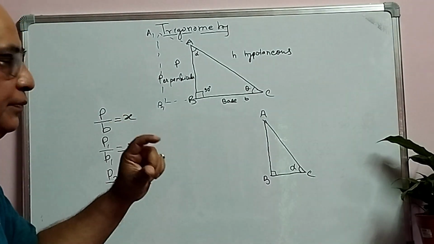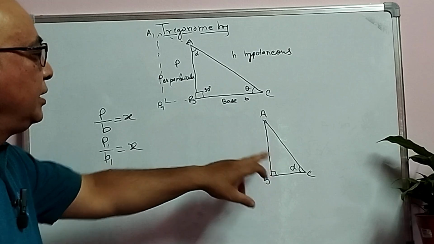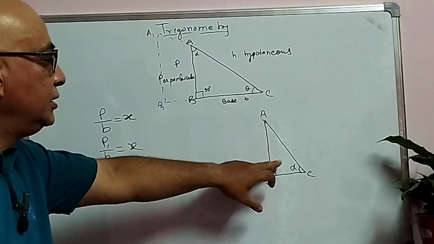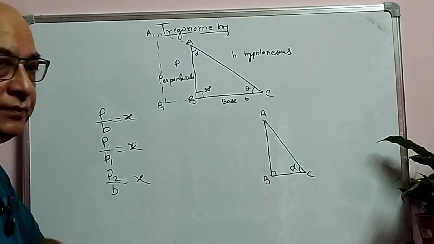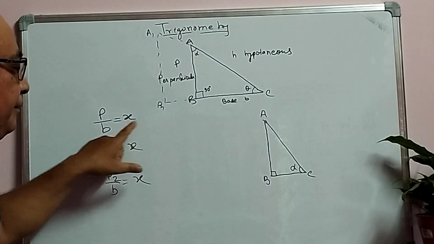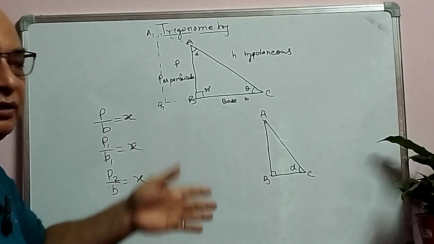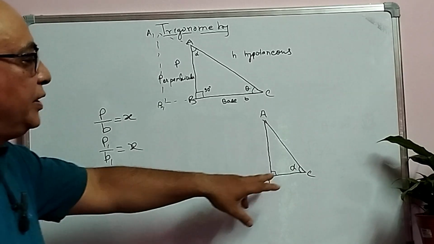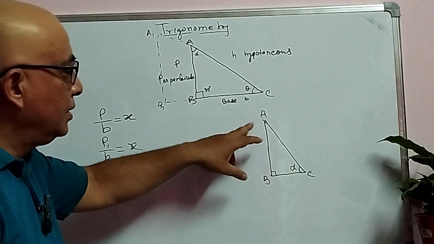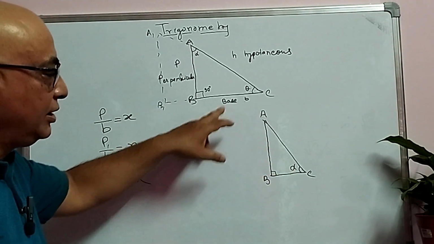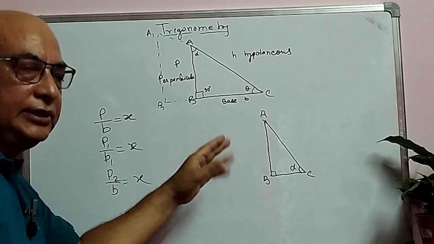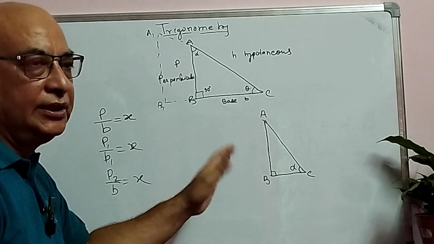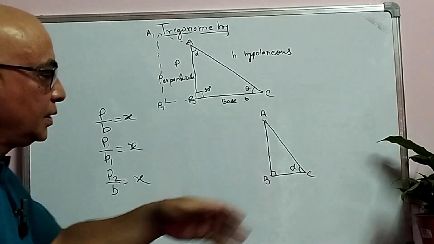But the ratio is different for alpha than for theta. Suppose here it is X, here it will be another. But for the same angle alpha, though these sides are elongated, the ratio will remain the same. That will not change.